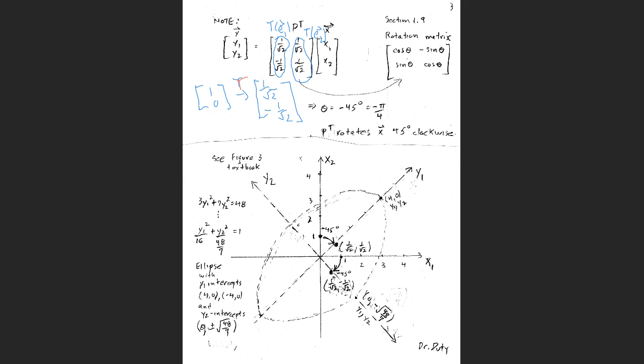And then (0, 1) gets mapped under the transformation to positive 1 over root 2, positive 1 over root 2. Okay. And I just wanted to rewrite it again. My instincts were telling me to rewrite that again. And that's what I did.